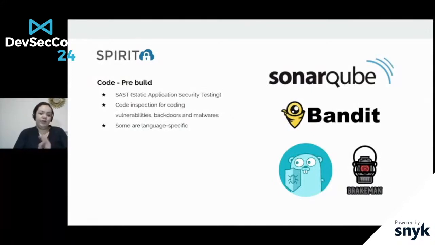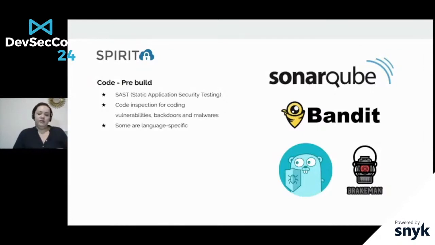In the pre-build phase, you can have a static analysis test. It's a test that is performed in a non-production environment, such as a pipeline, for example. And the SAST inspects the application for coding failures, backdoors, and malware.